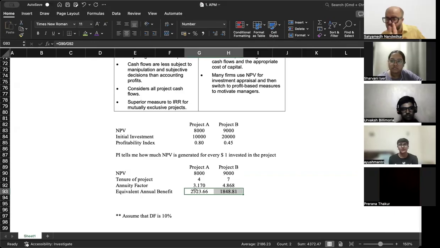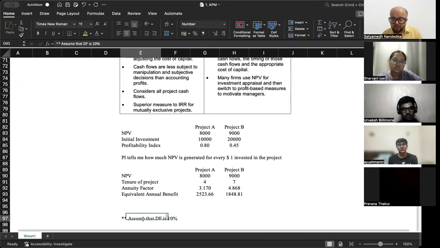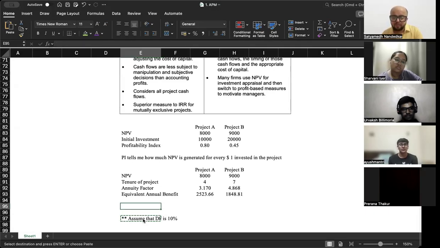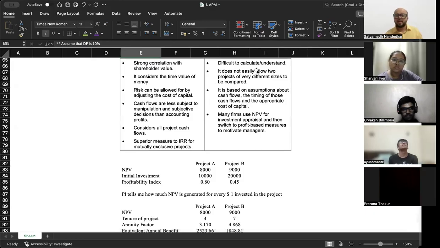By the way, this was there in skill level FMI, if you remember. Replacement decisions, there was equivalent annual cost and then there was equivalent annual benefit also. It's not in your APM syllabus directly, but you see the complexities that have started entering your discussion the moment variables started changing. So it does not easily allow comparison between projects of different sizes.